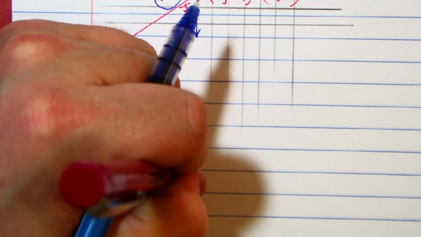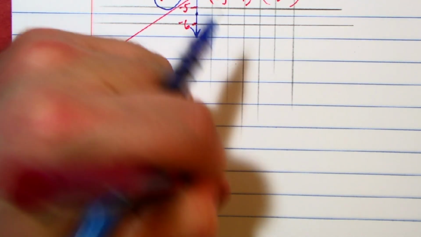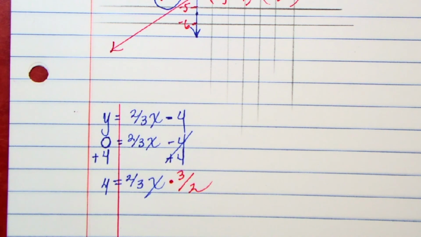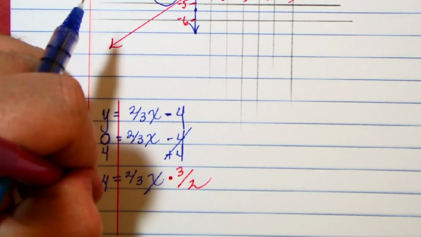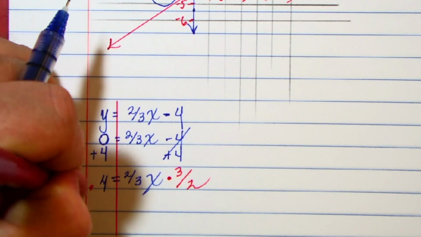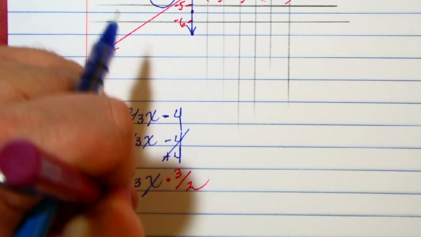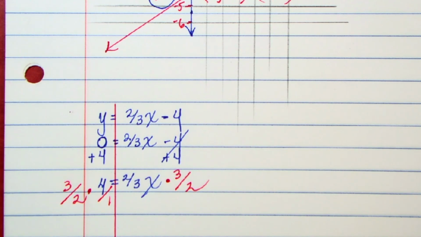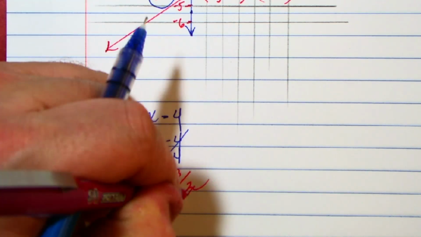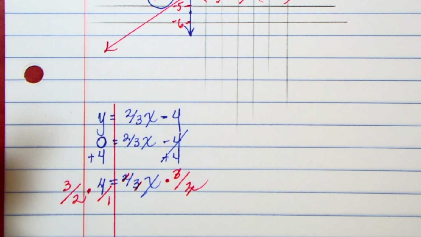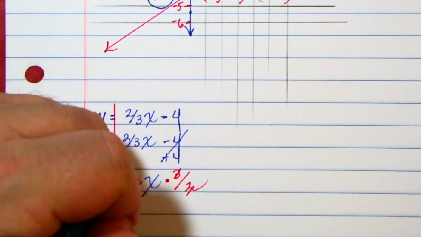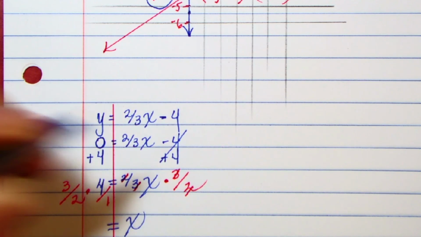So we're multiplying both sides by 3/2. On the left side, it would do you well to remember that 4 is really 4/1. Now look, you can cancel out everything on the right side except the x. So the x is all by itself now.